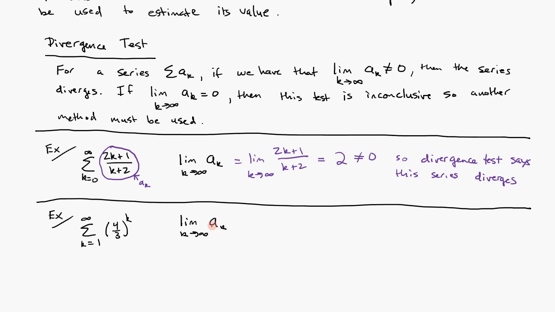The limit as k goes to infinity of a_k, where a_k is this expression here, is the limit as k goes to infinity of (4/3)^k. As k goes to infinity, this gets bigger and bigger, so this goes to infinity, which is not equal to 0. So again, the divergence test says this series diverges.